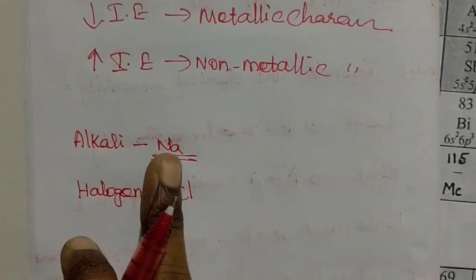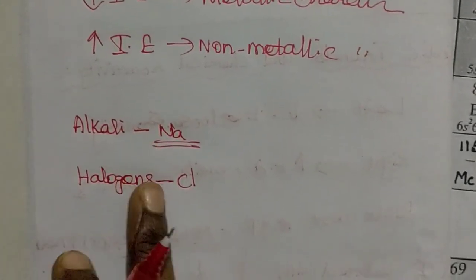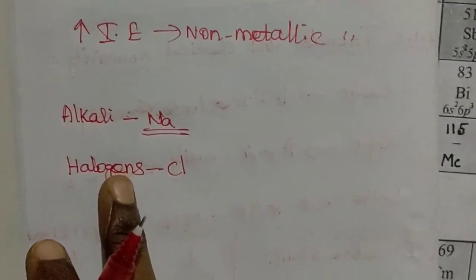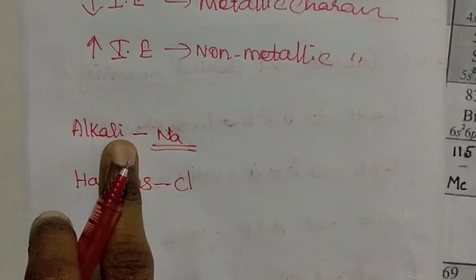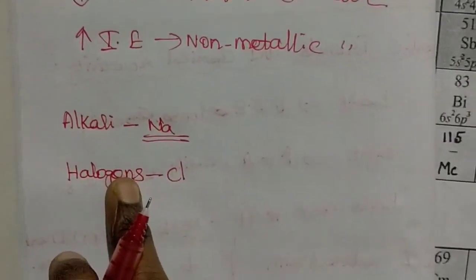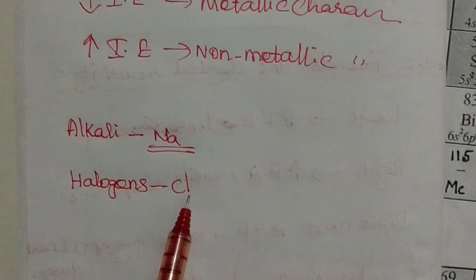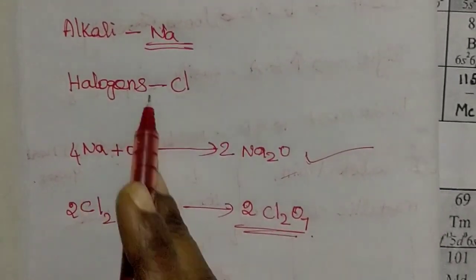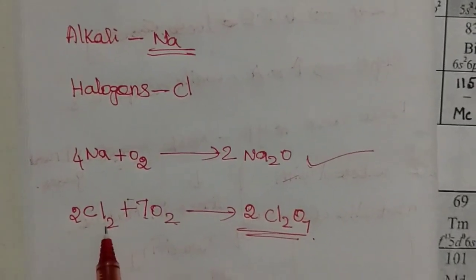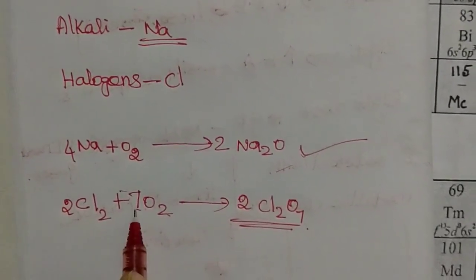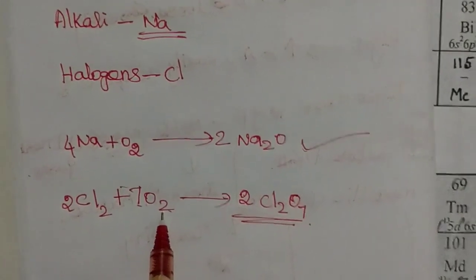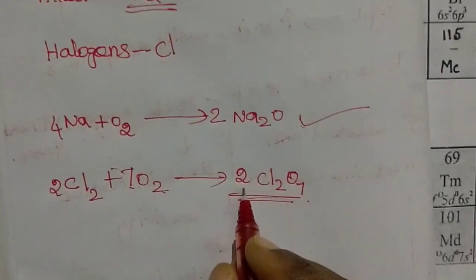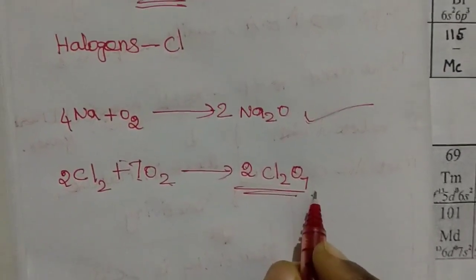To explain the ionization energy and metallic character of alkali metals and halogens, we treat them with oxygen. Chlorine, 2 molecules of Cl2, reacts with 7 molecules of oxygen, and they produce 2 molecules of Cl2O7.